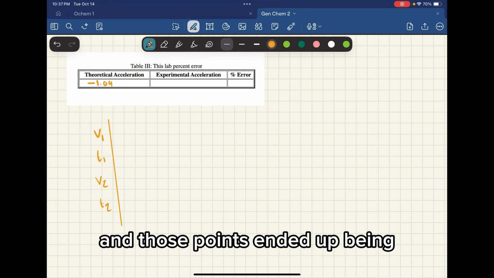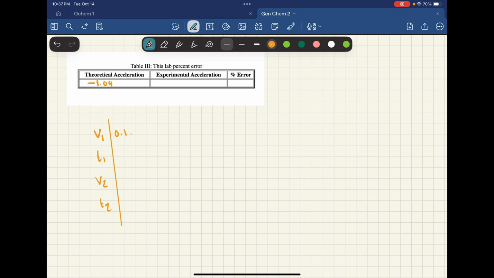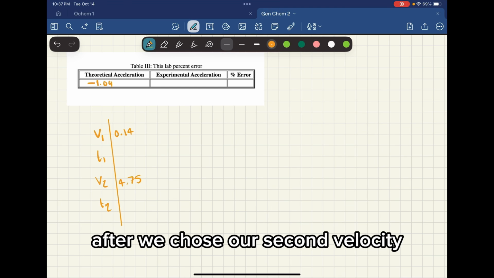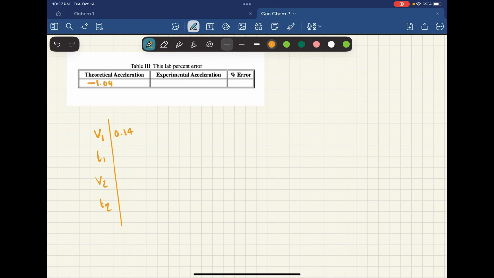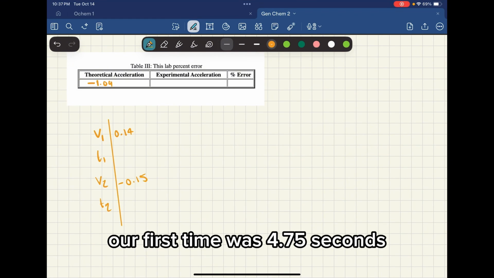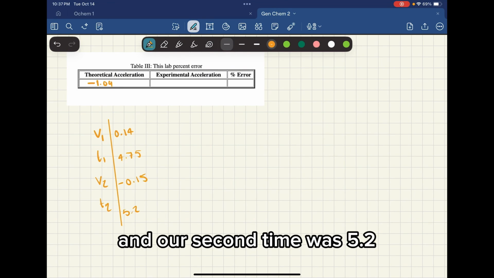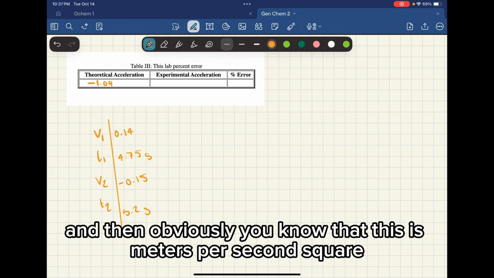And those points ended up being, let's see, 0.14, and then we chose 4.75 for our second velocity. Oh, I'm sorry, I'm placing all the wrong values here. Actually, negative 0.15. Our first time was 4.75 seconds, and our second time was 5.2. And this is seconds, and then obviously you know that this is meters per second squared.